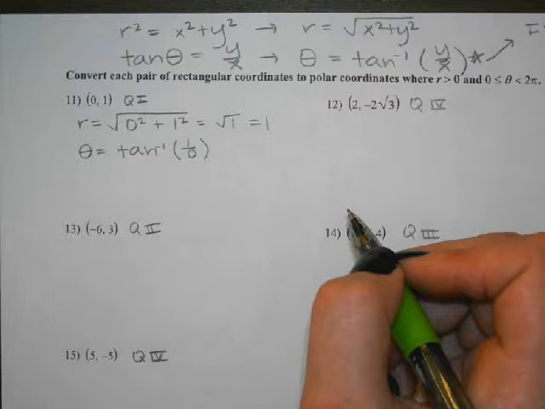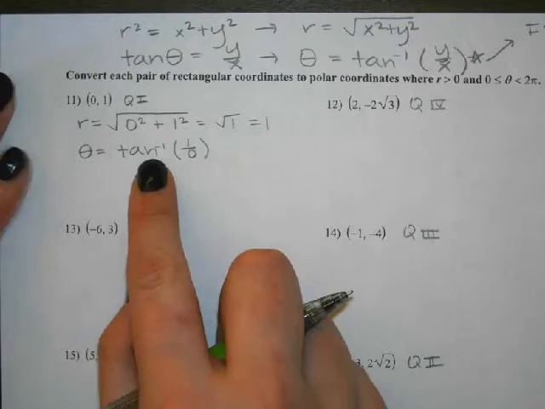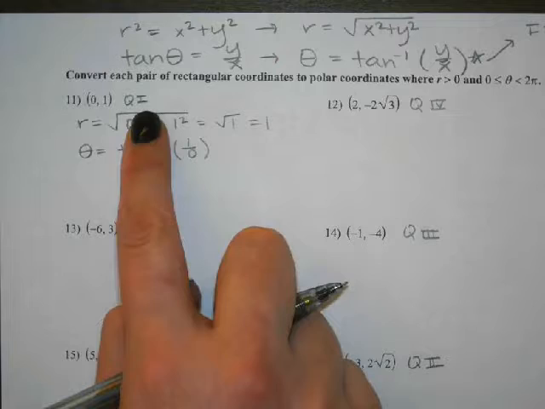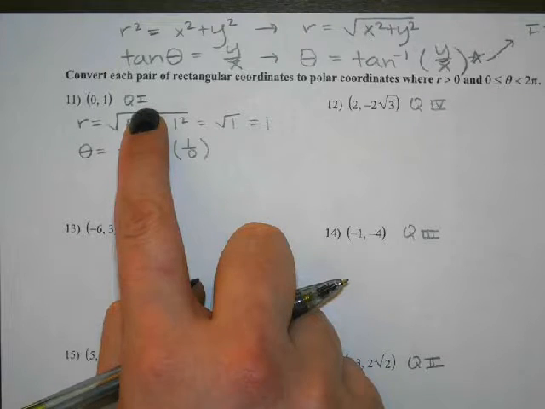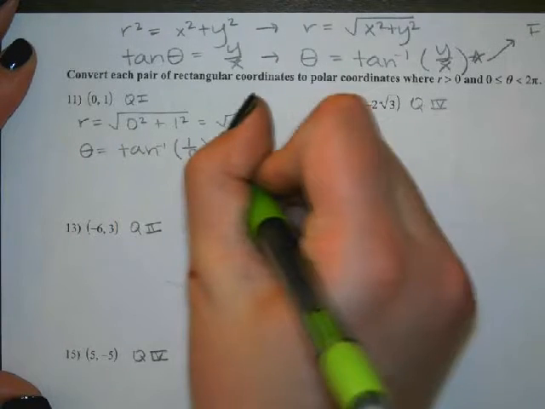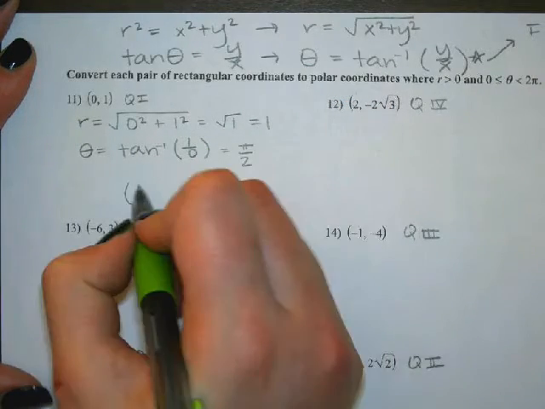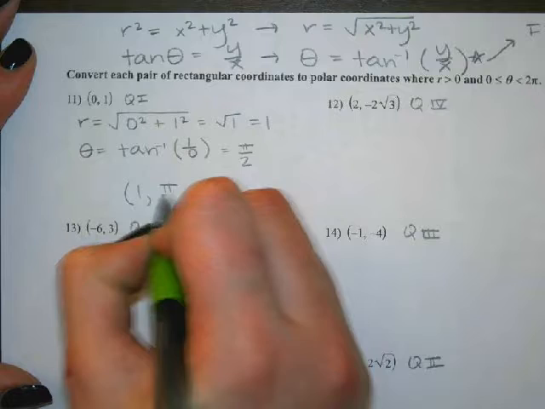We had 1 divided by 0 on the unit circle. Pi over 2. So undefined angles happened twice on the unit circle. They happen at pi over 2, which is up, and they happen at 3 pi over 2, which is down. Which one should we use for our quadrant 1 angle? Up. So we're going to say pi over 2. So this point in polar coordinates would be 1 comma pi over 2.